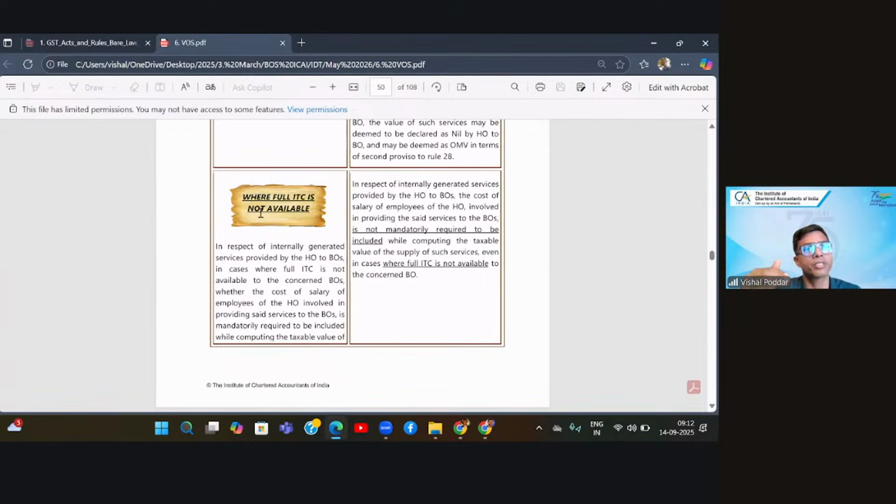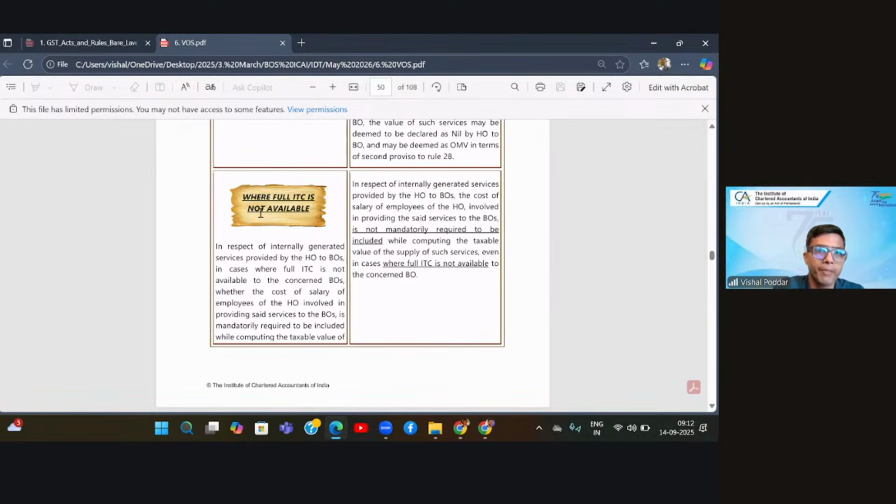In such cases, whatever I have given to my branch will not be eligible for full ITC because their outward supply is partly taxable or fully exempt. They are not allowed to utilize the full ITC as per 17(2). They have to proportionately reverse. Where this happens, all the above benefits of any value accepted, nil value accepted will go.